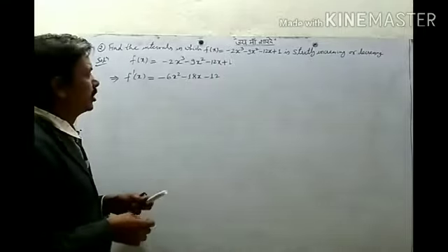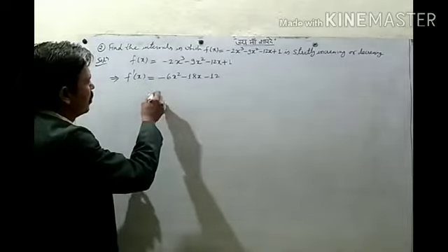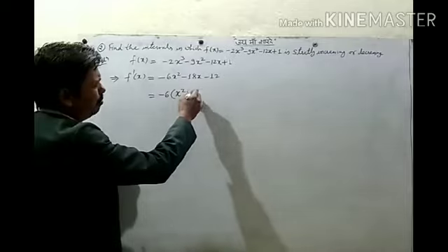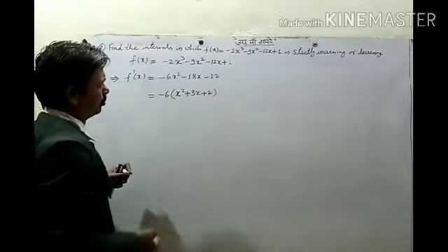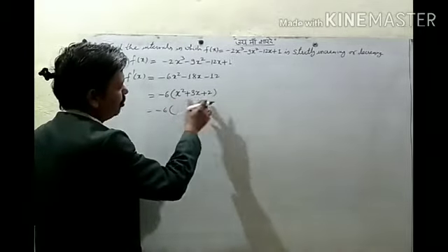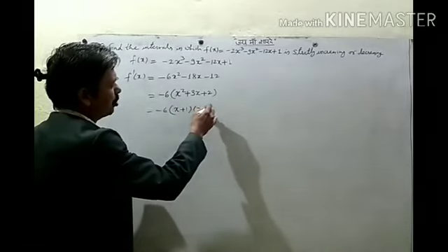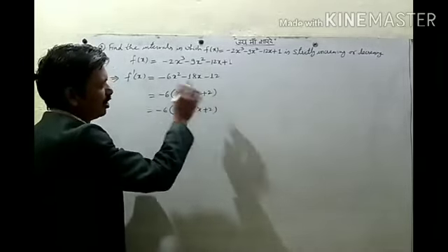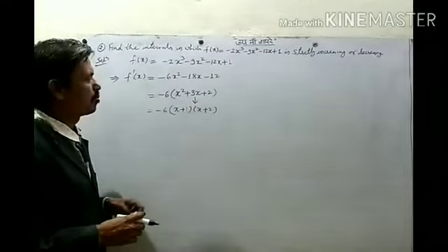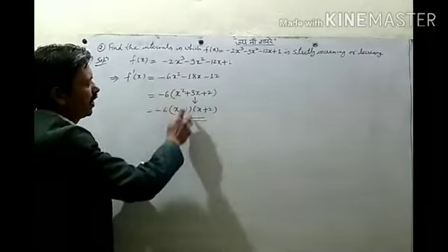Then the second step will be to factorize it and find its factors. If we take minus 6 common here, we get x square plus 3x plus 2. If we find its factors, the multiplication should be 2 and the sum 3, so x plus 1, x plus 2. How to factorize, we know very well. So x plus 1 into x plus 2 are the factors of x square plus 3x plus 2. This is our second step: find the derivative and factorize it.